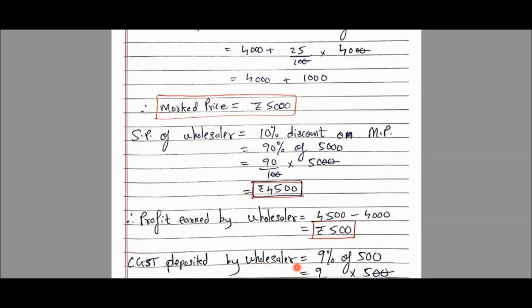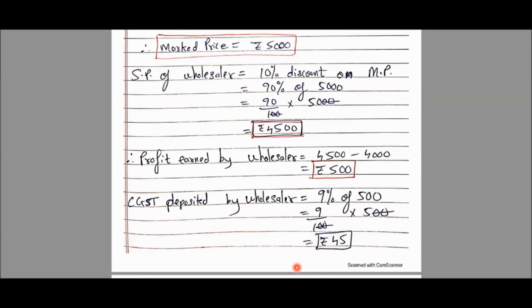Selling price of the wholesaler. Can we find the selling price of the wholesaler? Yes, it was given in the question that he is selling to the retailer at 10% discount. And of course, discount is always on the marked price. So 10% discount, मतलब 10% नहीं भरना है.